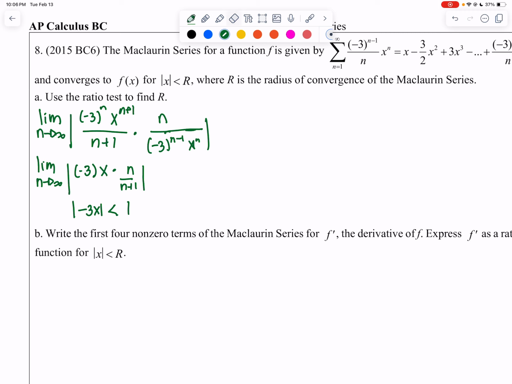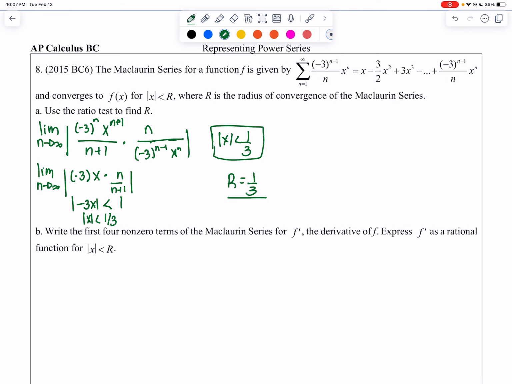So that just becomes the absolute value of 3x is less than 1, which is going to be the absolute value of x is less than 1/3. So that's how we get our radius of convergence being 1/3 right here. So r is equal to 1/3.